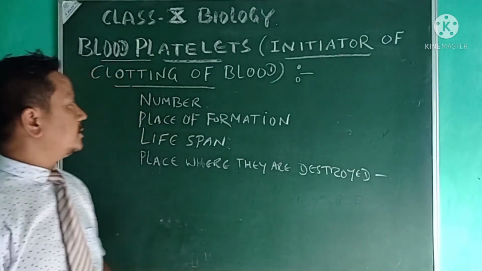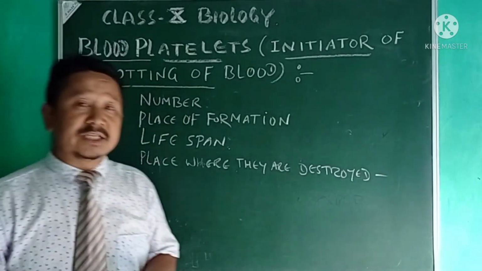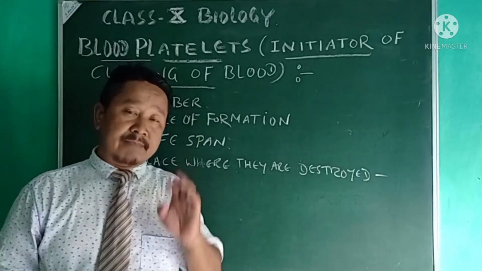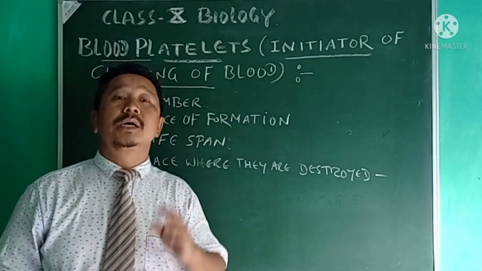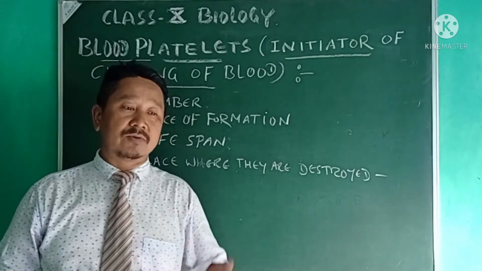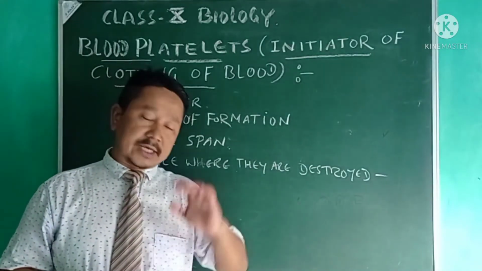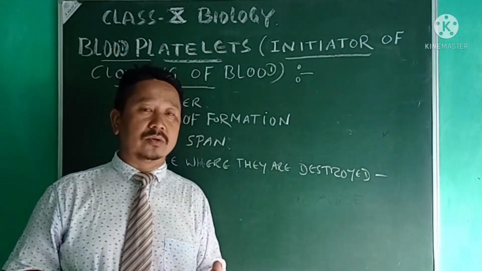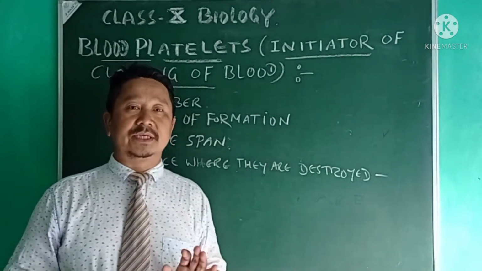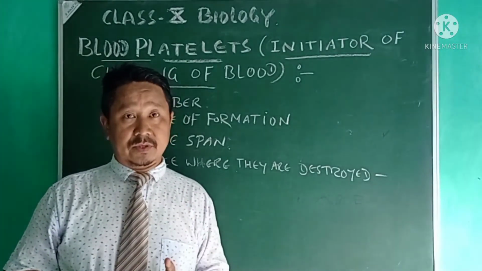All right, these blood platelets are minute oval or round shaped non-nucleated cells. Non-nucleated cells means cells having no nucleus. In the last session we came to know that even RBC are non-nucleated, especially during maturity.